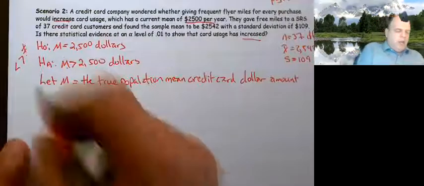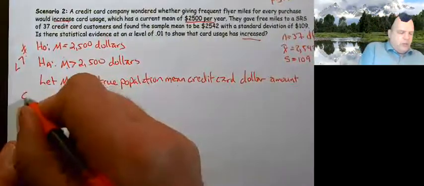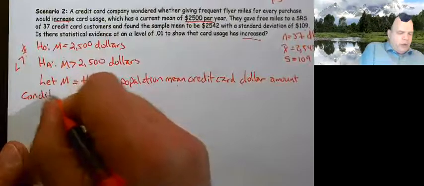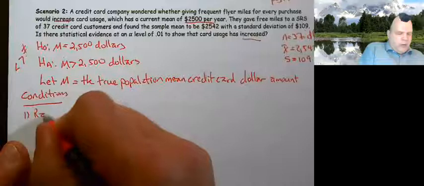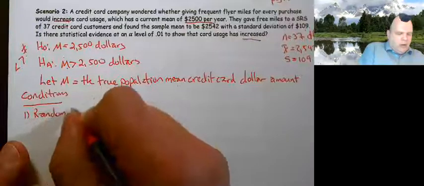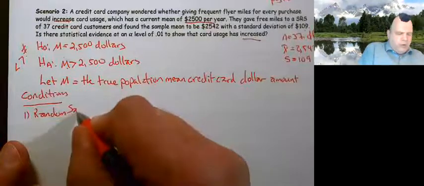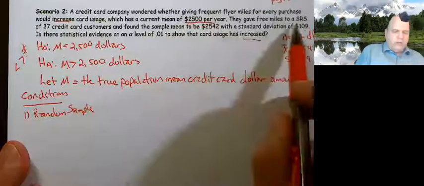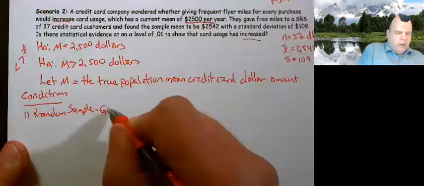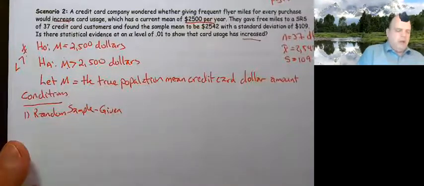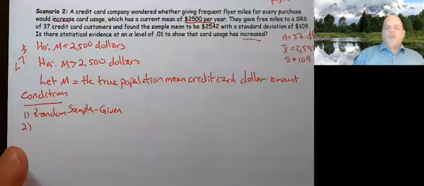The next thing we need to state is our conditions. The first condition, random sample. They told us that they had a random sample. It said simple random sample of 37. So that is a given, and I don't have to do anything with that. The next thing, we need to check the 10% condition.